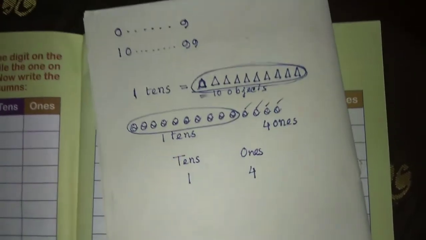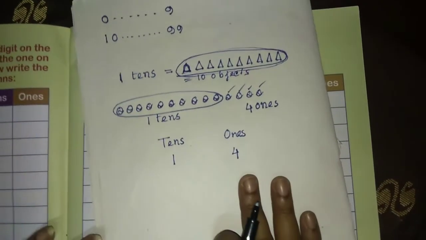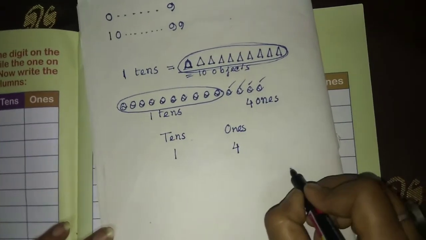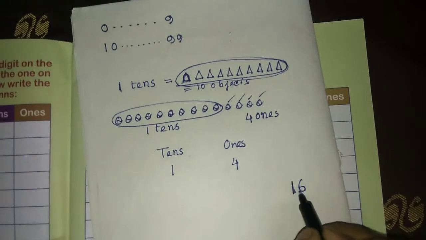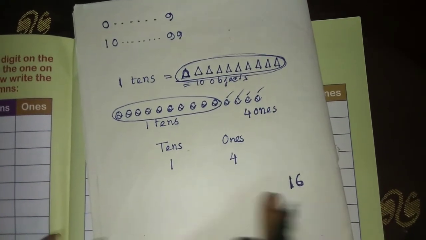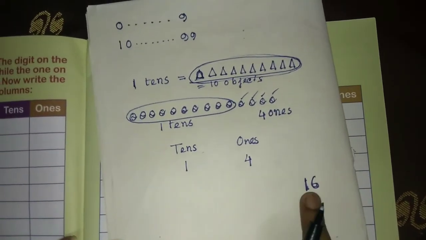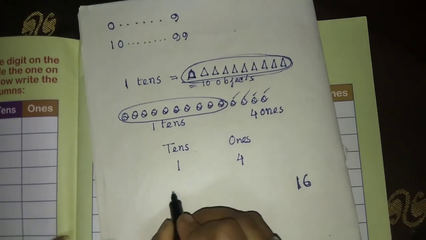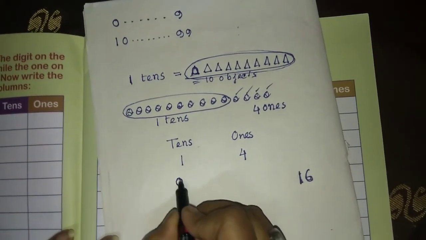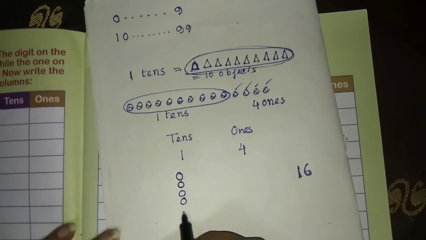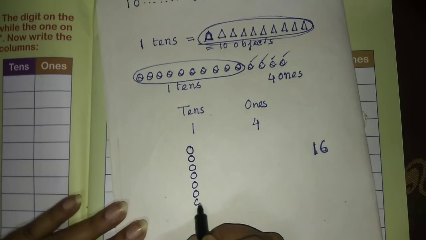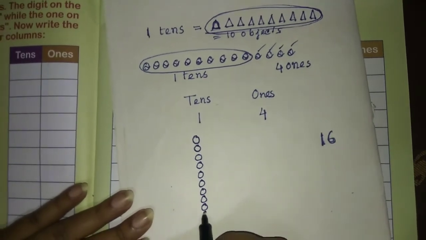Okay, so like this, if I am taking 16, then how can I put it in this column? First, 1 tens means, look here. Suppose I am taking these types of beads, 1 2 3 4 5 6 7 8 9 10.